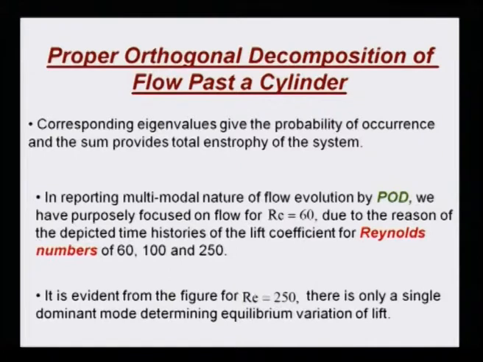What do these eigenvalues give us? These eigenvalues tell us the probability of the occurrence of those eigenfunctions. Okay. And if I sum up all these eigenvalues, then that will provide the total quantity that is under investigation.